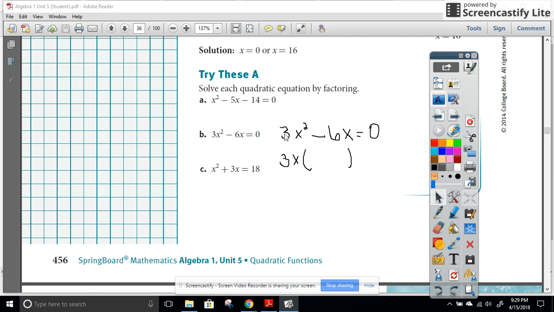What do each one of these terms have in common? Well, 3. That's 3 times 1, and that's 6. That's 2 times 3. Some of you may still be at the point where you're writing this down as 3 times x times x, writing down the factors so that way you can see them.